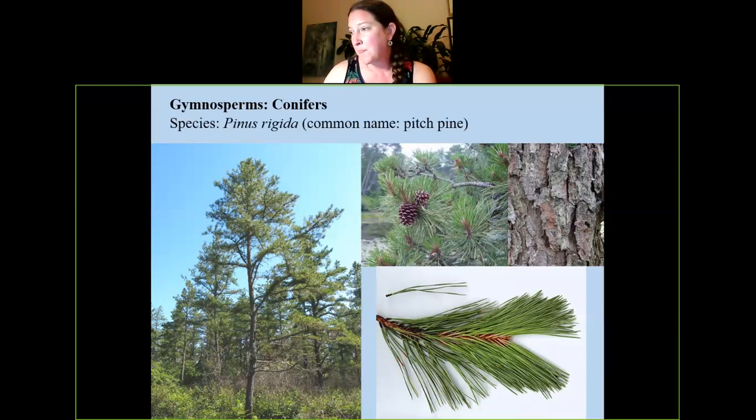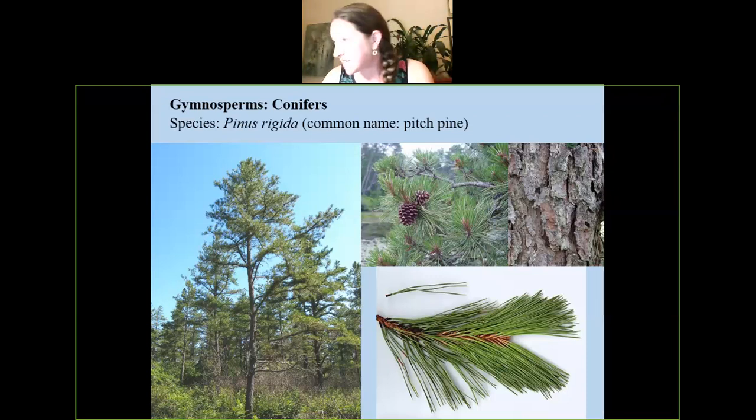Well, let's go with what we know so far. It's evergreen. It's a conifer. It has cones, right? It's another example of a tree that is monoecious, so it has male and female sex organs on one plant.